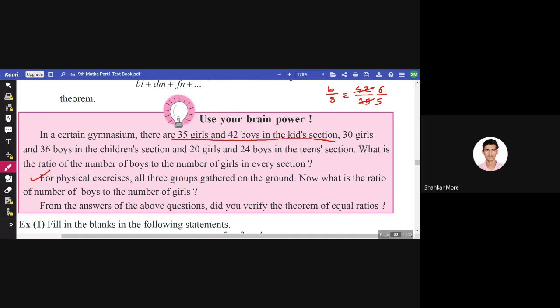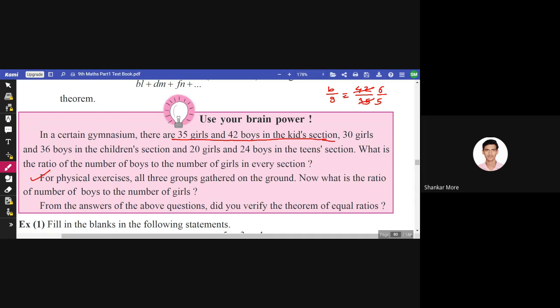Teens plus children, it would be, no, it's not 5 and 6, Vinit. It is 102. Then next, just a moment.